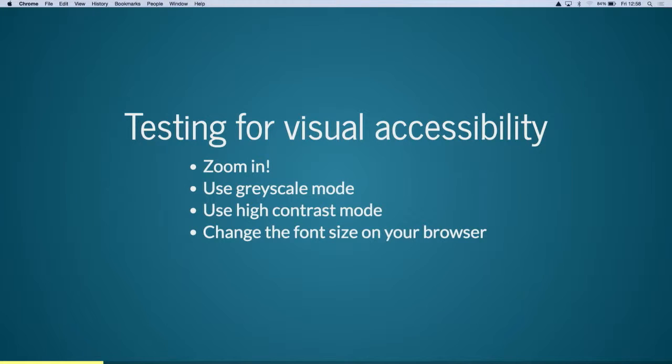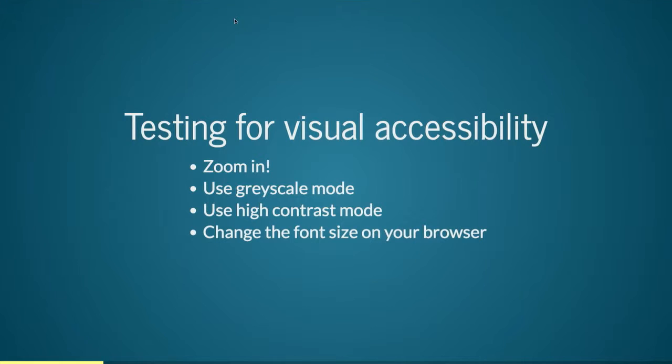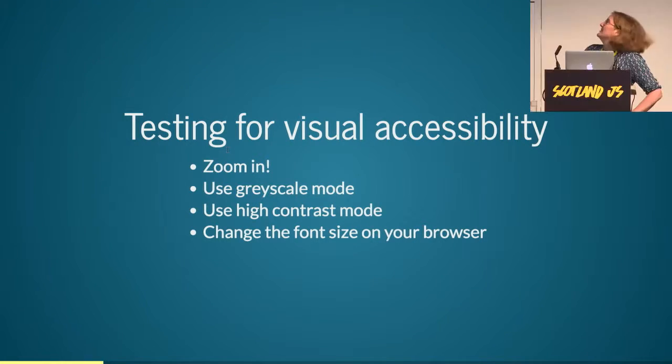So one is you can just zoom in. I would say get into the habit of zooming in whenever you're developing something. You can use grayscale mode. So on a Mac, for instance, you can just go into the settings and set it to grayscale, and that'll give you a pretty good idea of what it might be like for someone with colour blindness.